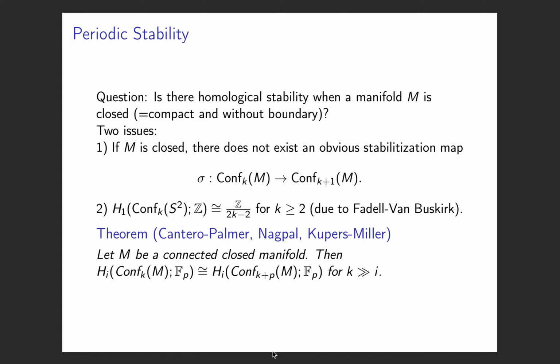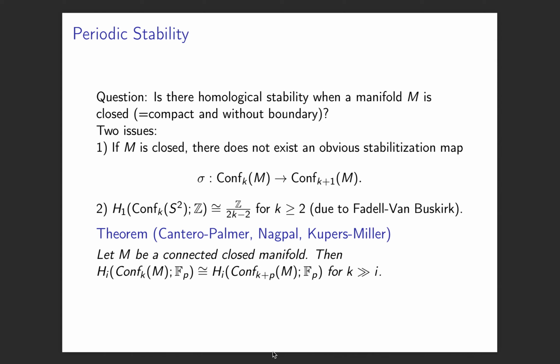But you would see that the homology in degree 1 of the configuration space of k plus p points on S^2 is isomorphic to the homology in degree 1 of the configuration space of k points on S^2. So even though there's an issue integrally, when we reduce to a finite field F_p, this problem goes away.